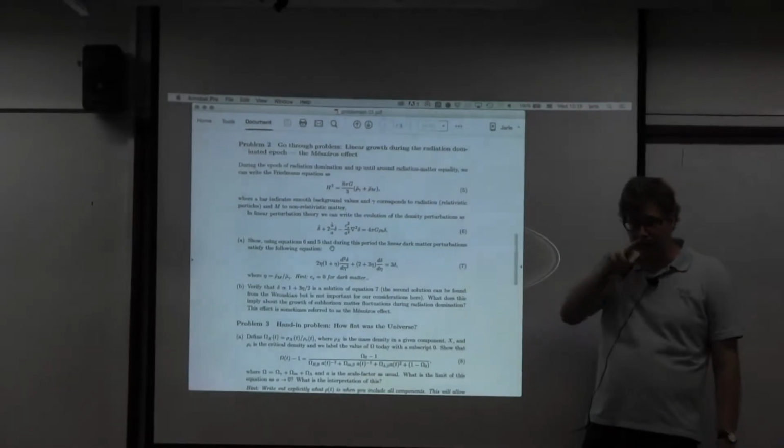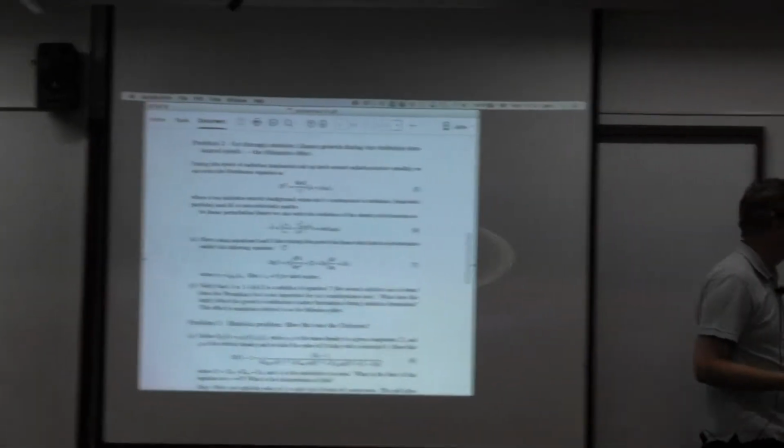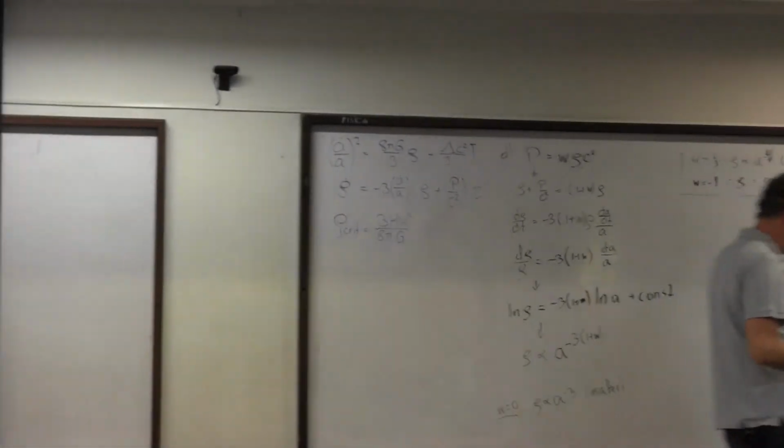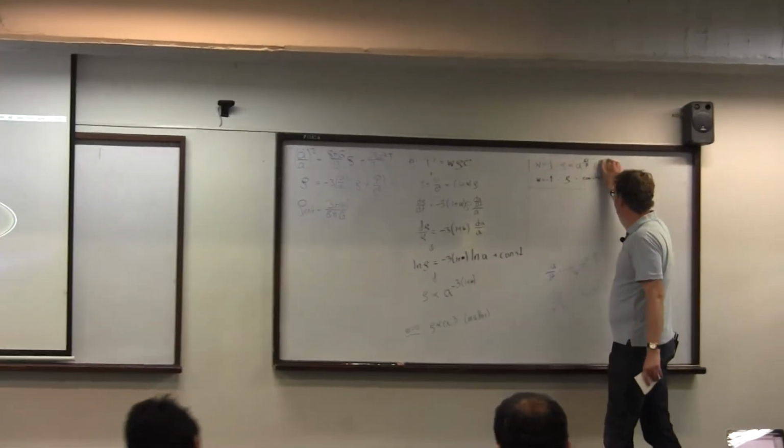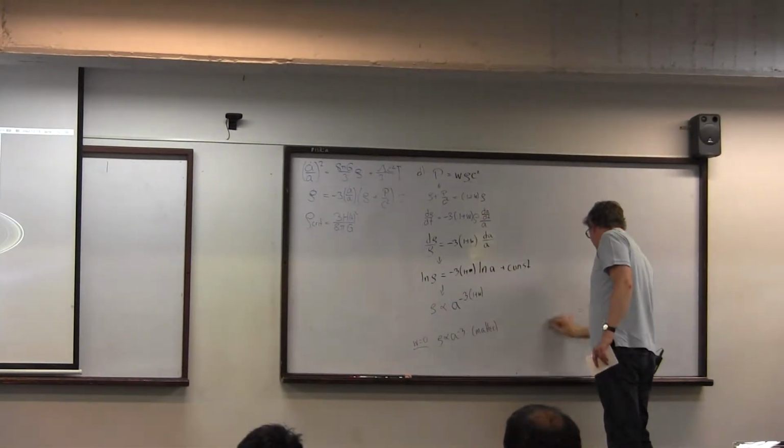So were they really constant, or did they change a little bit, or what happened? How did that period really behave? And so he used this perturbation equation.